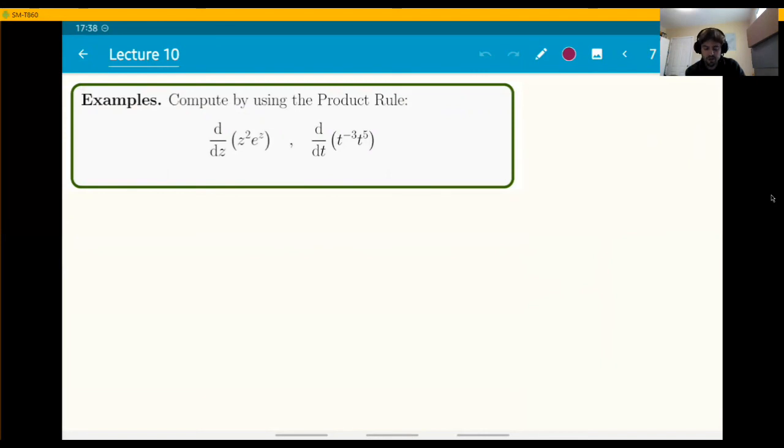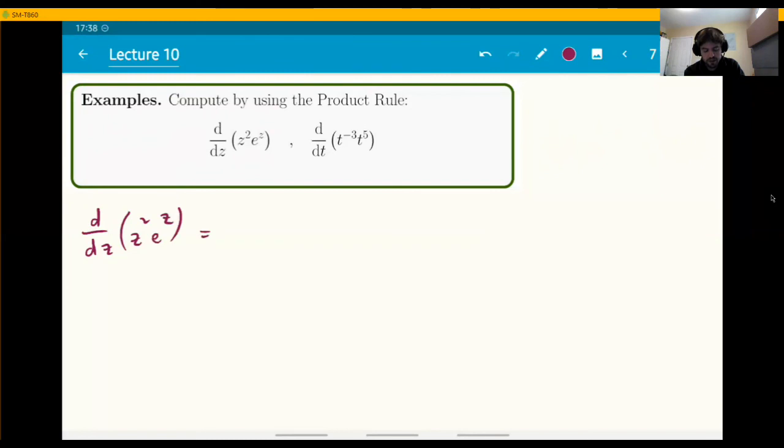By the way, notice that I'm using different notation, different variables, just because we should be getting used to this kind of thing as well. d/dz just means the derivative with respect to z. z is the variable being differentiated. Rather, the variable with respect to which we are differentiating the function. Okay, so the function is z squared e to the z. It's a product of 2 functions. The derivative of this product, I'm going to apply the product rule.